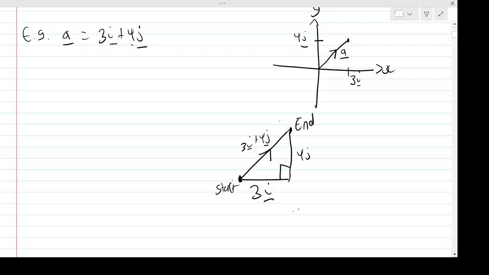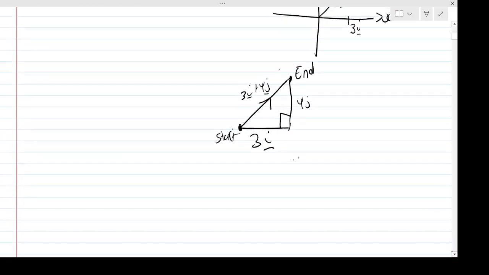If I simplify this triangle even more, down here, the x part was 3i, but in numerical terms it's just 3. We're going 3 along, and then 4 up. So the 3i means going 3 along, and the 4j means going up by 4.